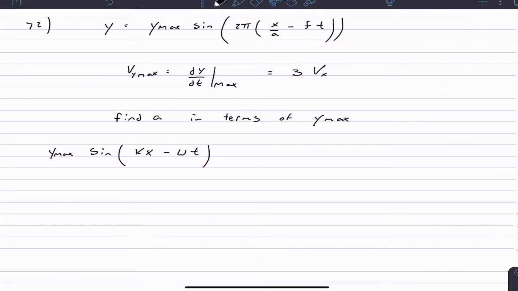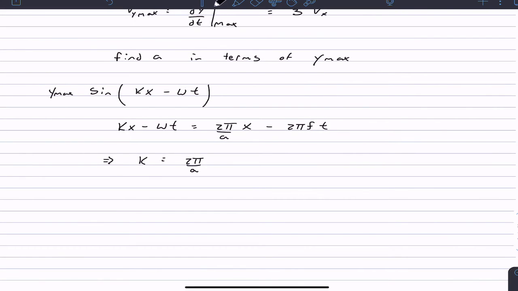So kx minus omega t is equal to 2 pi over a times x minus 2 pi f times t. Well, that implies directly that k is equal to 2 pi over a, and also that omega is equal to 2 pi f, which is our standard relationship. So that makes sense.